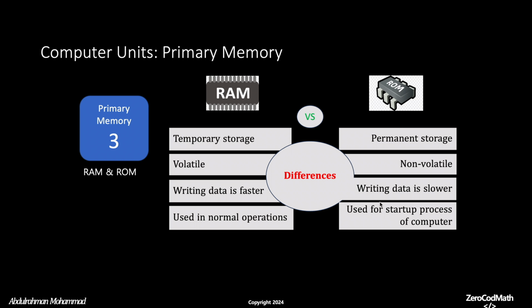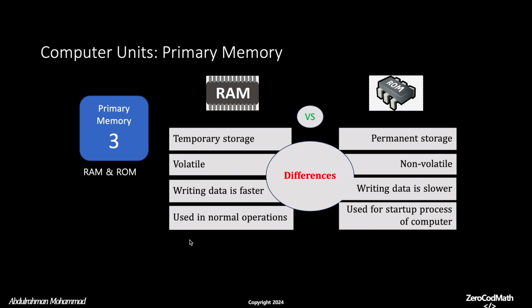What do we mean by volatile and non-volatile? Volatile means when we finish our work with our computer, we shut down the computer, all the information will disappear. But with the ROM, all information will remain. Once we start up the computer, the operating system will call all the information, your files, all the information, and it will start up again.